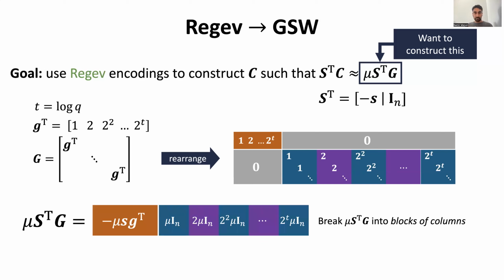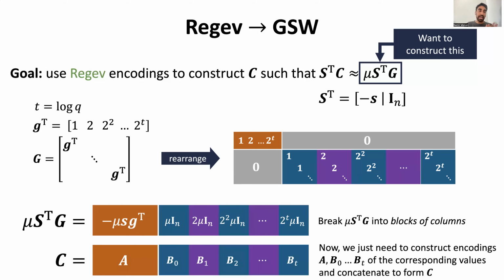So looking at this permuted gadget matrix, we can see our goal is to construct mu SG, and mu SG looks like this. So we have these blocks that I've colored. We need to construct encodings that encode each of these values in turn. So I've named what we need to construct A and B0 through BT. And you can see, we're breaking this up column-wise, right?